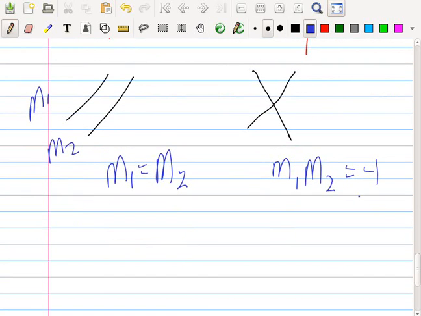Now, what we really do is we say that if this slope is 3 over 4, then the other one has to be minus 4 over 3. So in other words, when they're perpendicular, you just flip it and change the sign to make them perpendicular. Whereas if they're parallel, they just stay identical. Okay?